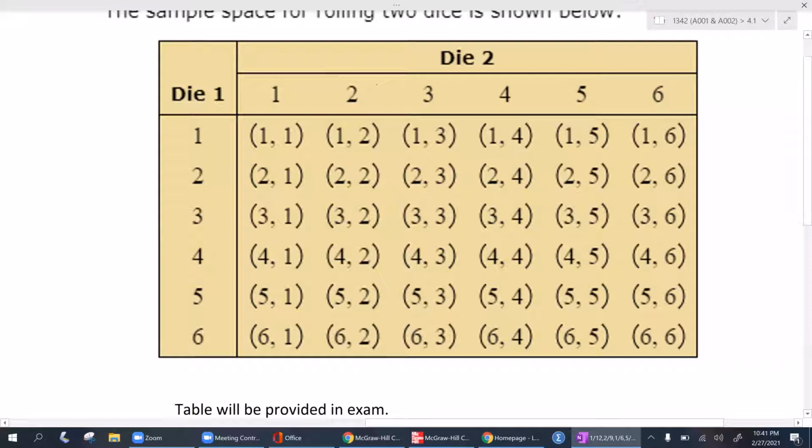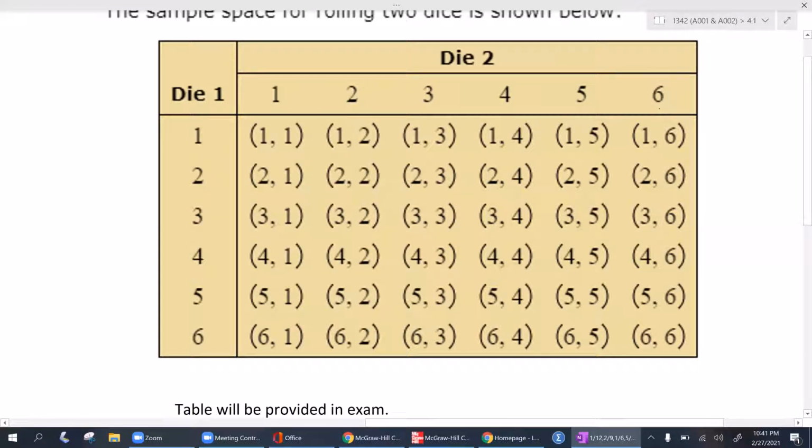And last but not least, what is the sum if your first die lands on a 4 and the other one lands on a 6? The sum of those would be 4 plus 6, which equals 10.